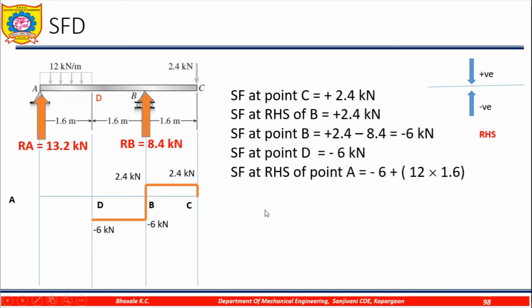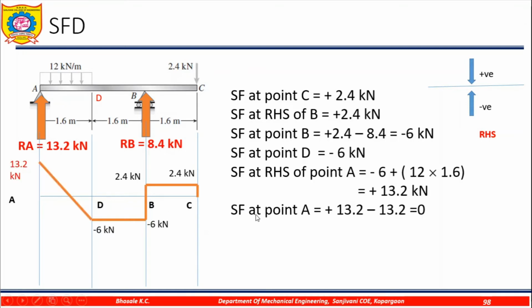And RHS of A is minus 6 plus this UDL, that is 13.2. Finally at point A, we add the reaction so that we get the final answer equal to 0. In this way we can complete the shear force diagram.